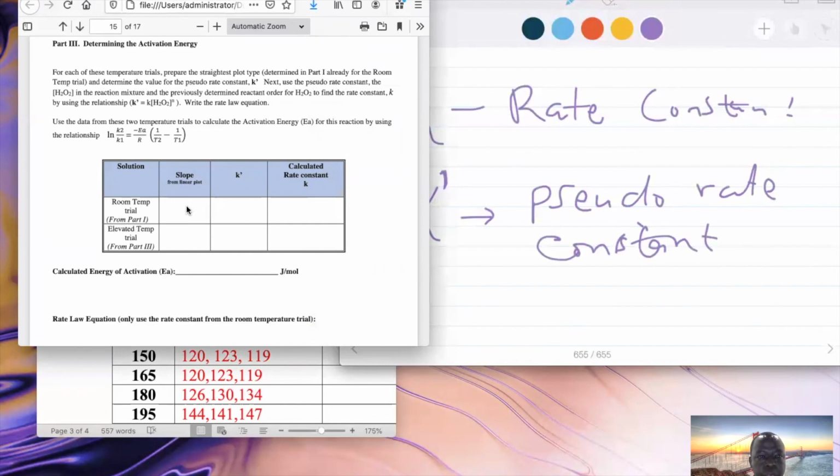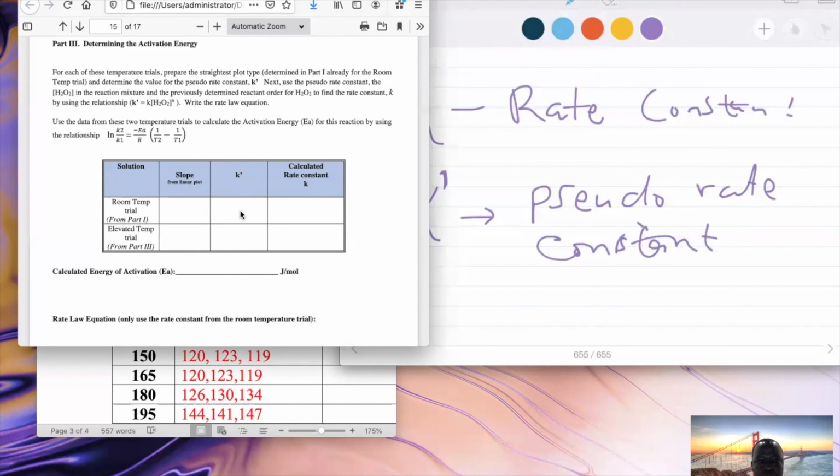Here, these are the values from the plot. If you have two graphs, room temperature and elevated temperature, what is the slope of that line? And remember, it has to be positive. These are the slopes of the straight line for part 1 and part 3. The numerical value of the graph, you're just going to plot in here.